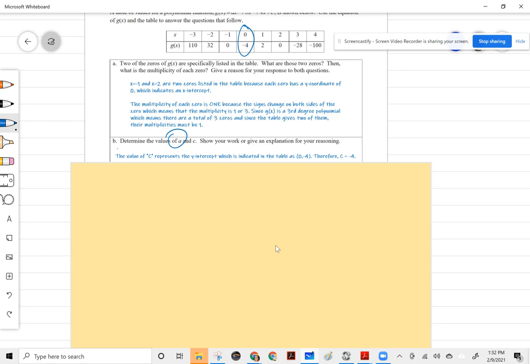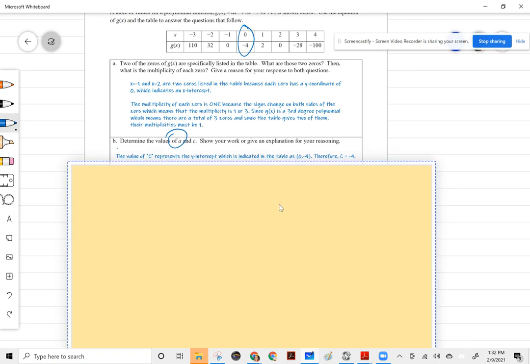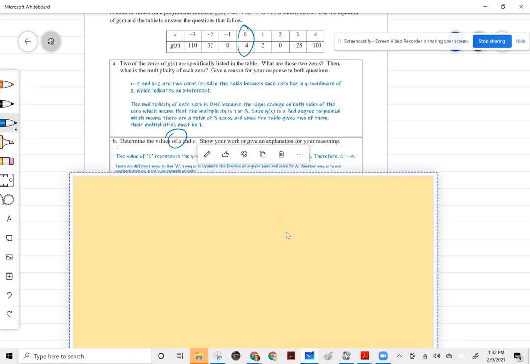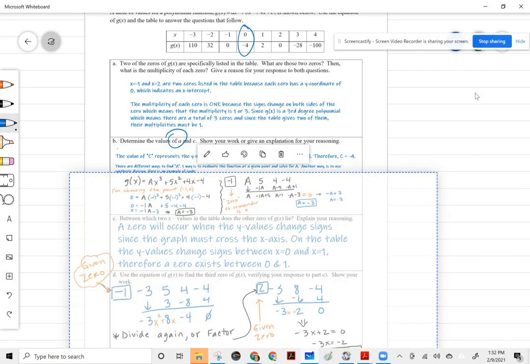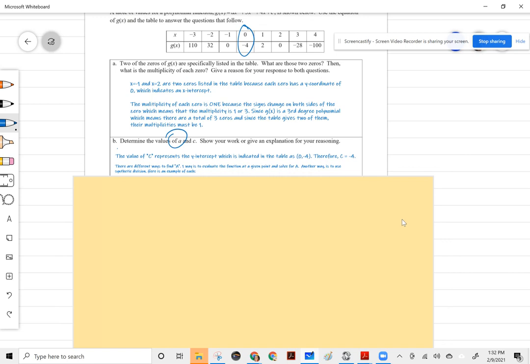Now we're asked to find A though. When you find A, there are a couple of different techniques that you could use, so I'm going to go through a couple of those with you. If I can get my computer to stop lagging here.